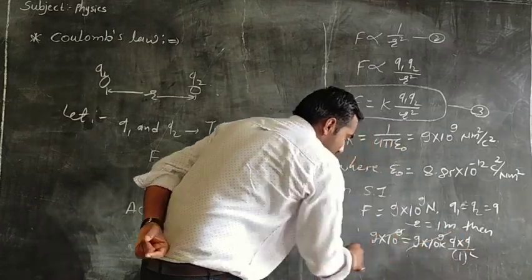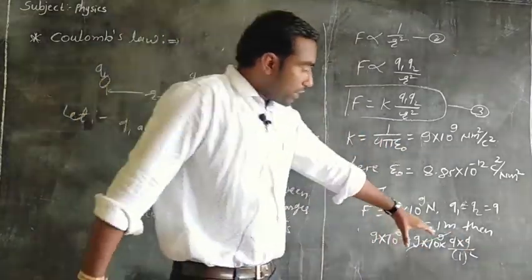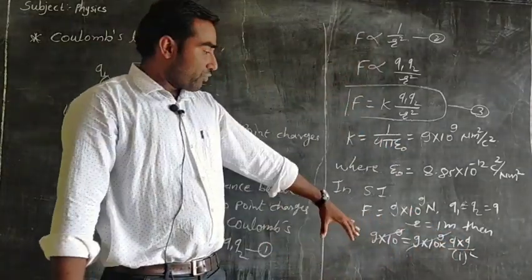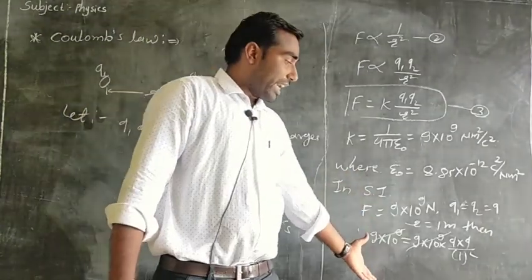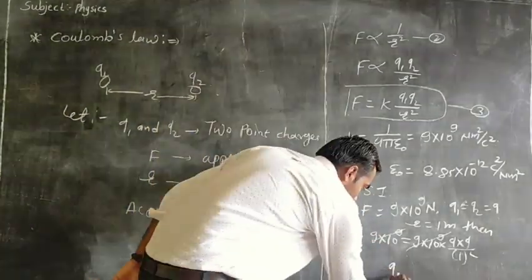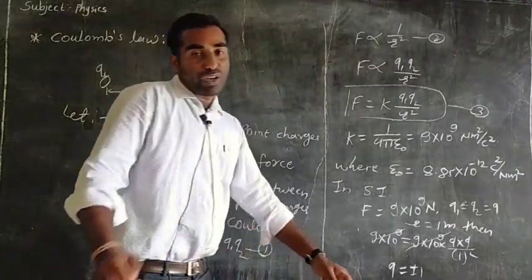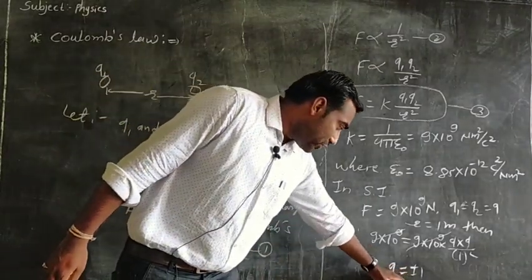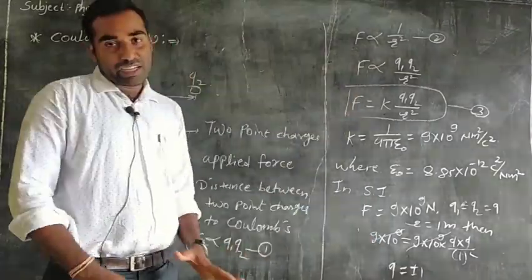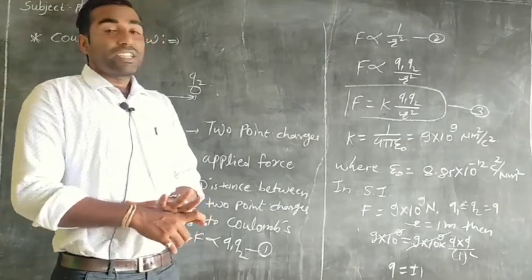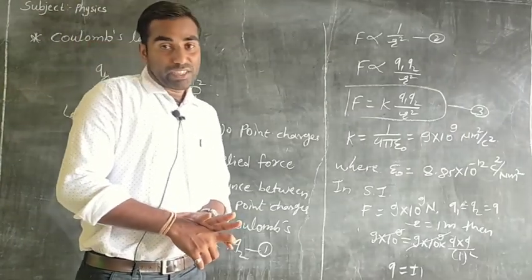This cancels, and q square is equal to 1, so q is plus or minus 1. It means q is equal to 1, which is the unit charge, or point charge.